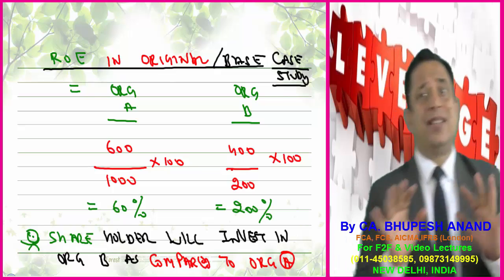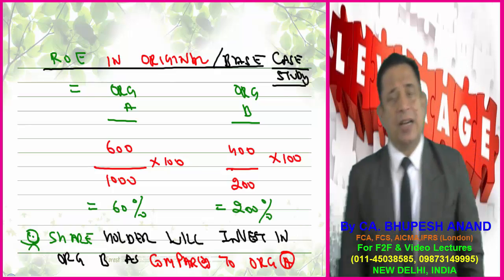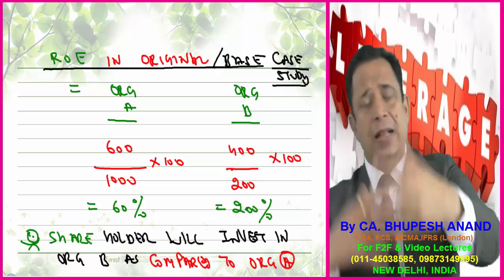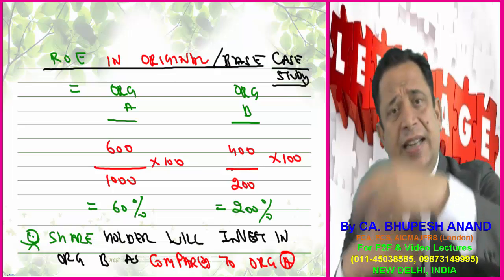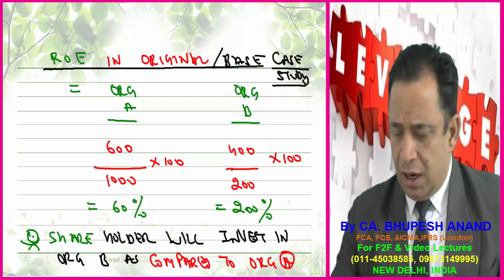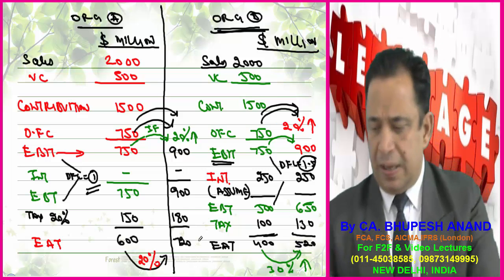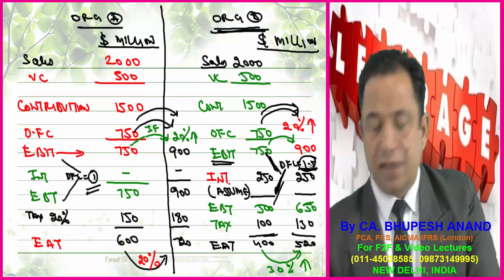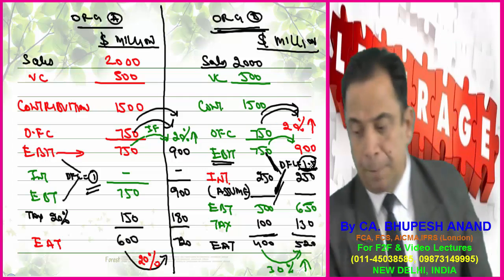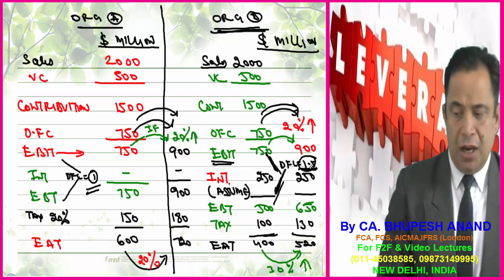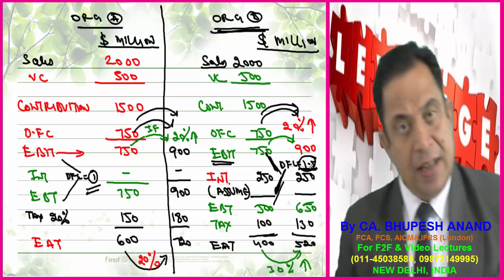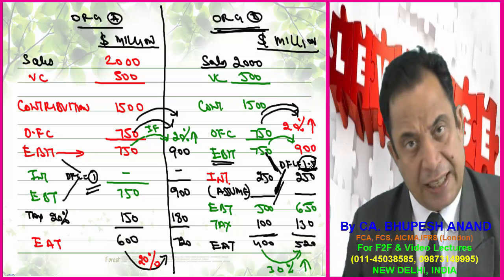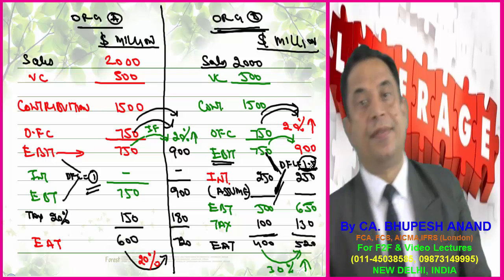So up to this part, we have seen that when there is a debt equity mix, there will be a change in ROE. For example, here the DFL, degree of financial leverage, is 1.5. Please see, EBIT 750 upon EBT 500 comes to 1.5.